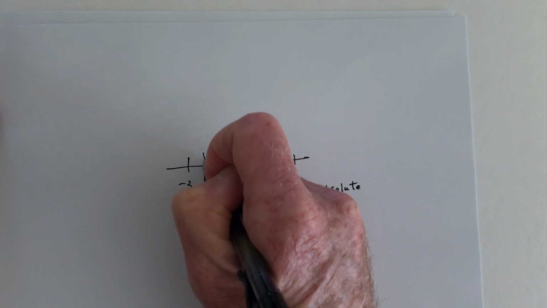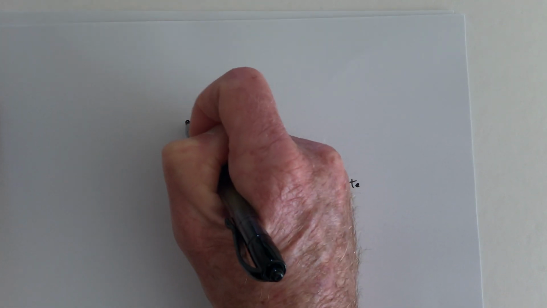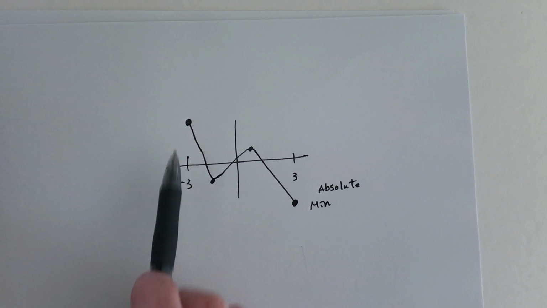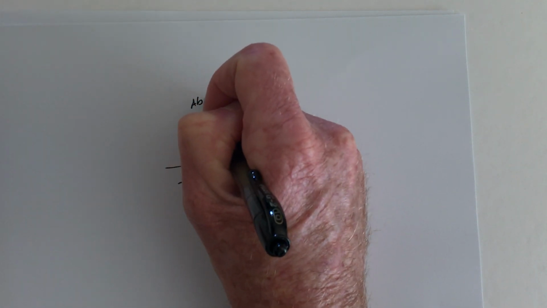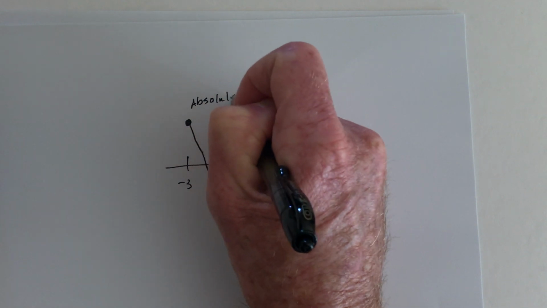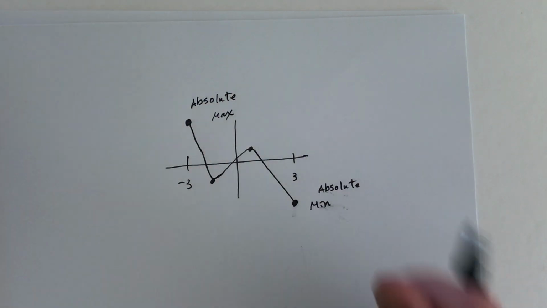And then perhaps by the time you get to positive 3, there's this point right here that's taller than any of the other points, then this is called an absolute maximum.